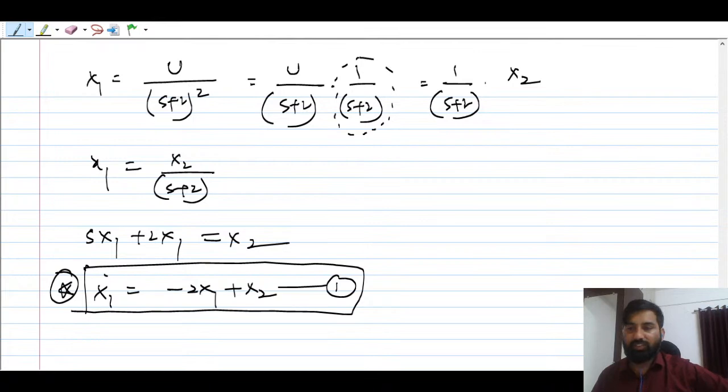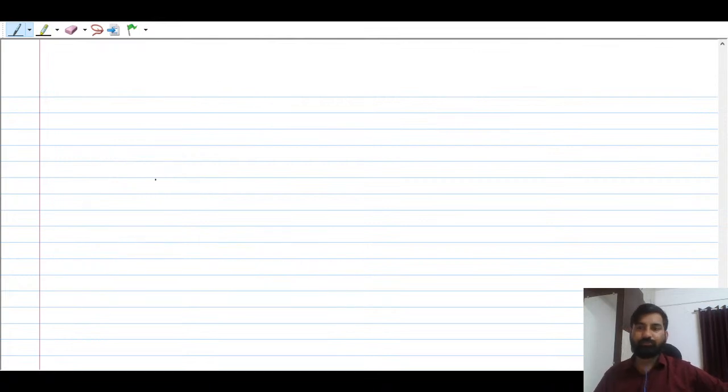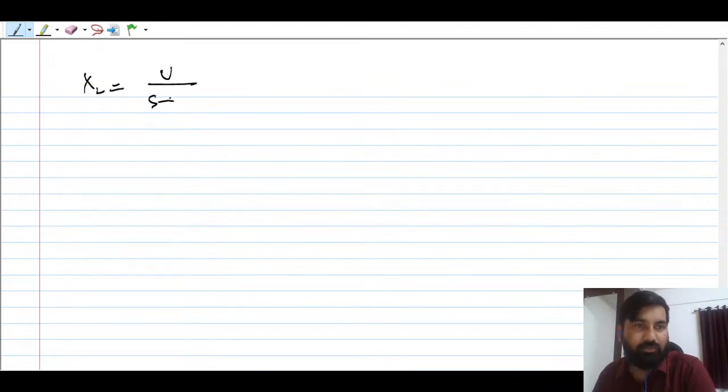The next equation that you will obtain: again you take x2. So x2 is going to be u by (s plus 2). The minus sign you have taken with the C matrix, so don't worry about that minus sign. So x2 dot equal to minus 2 x2 plus u.